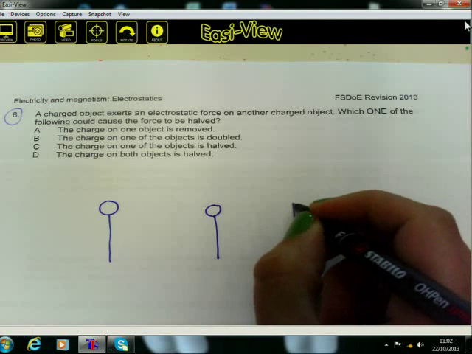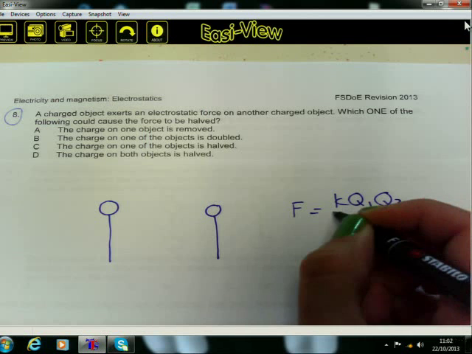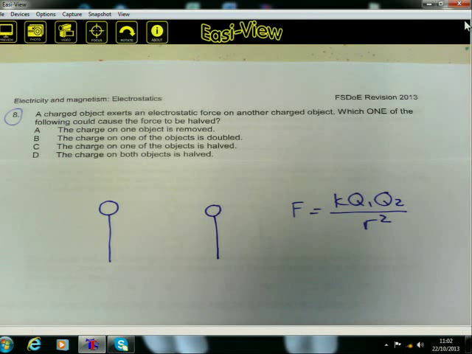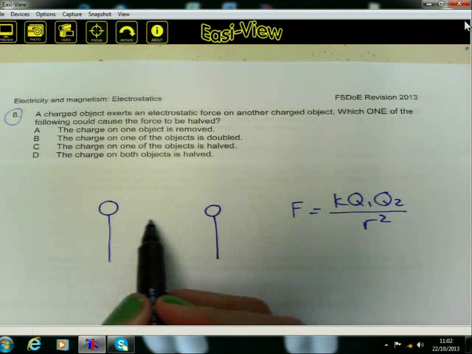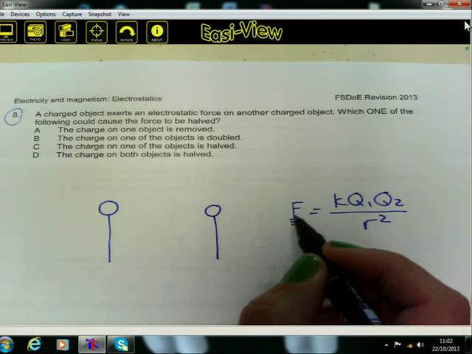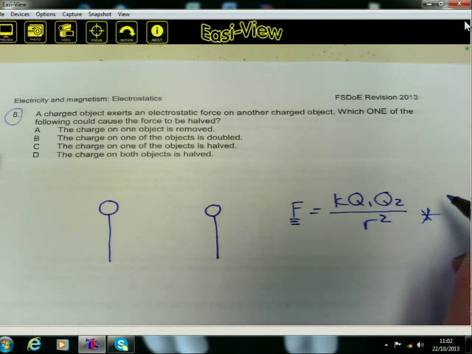So once again we have F equals K Q1 Q2 over R squared. Now we want to know, what do we have to do with these two charges in order to get F to be half of the original expression? So that's our original. Let's look at the options.